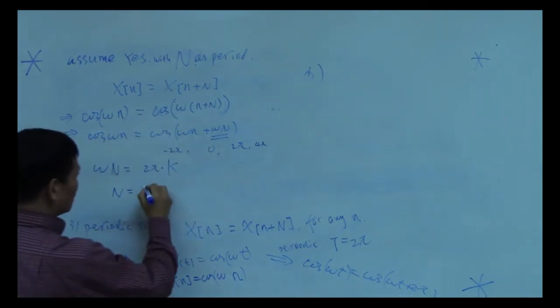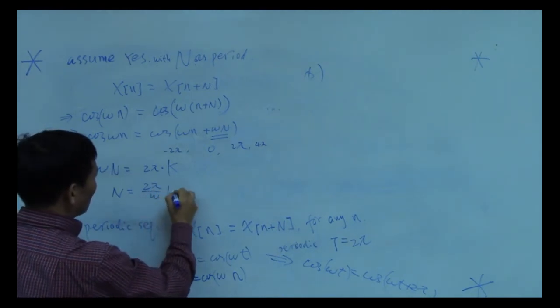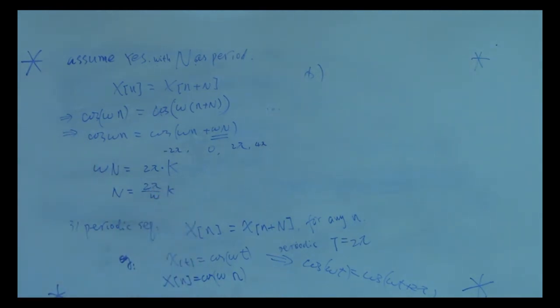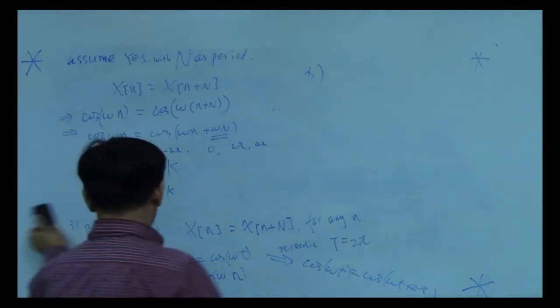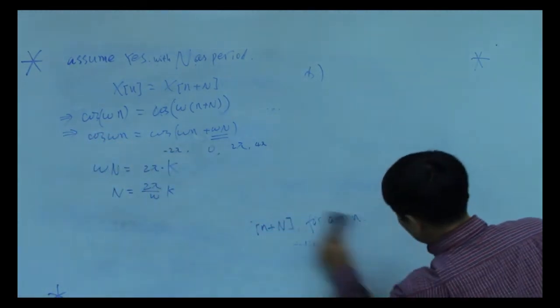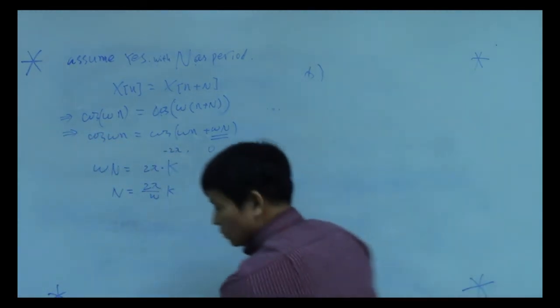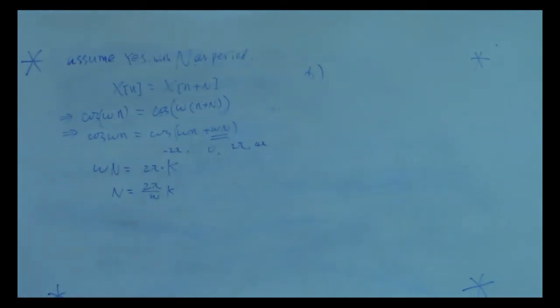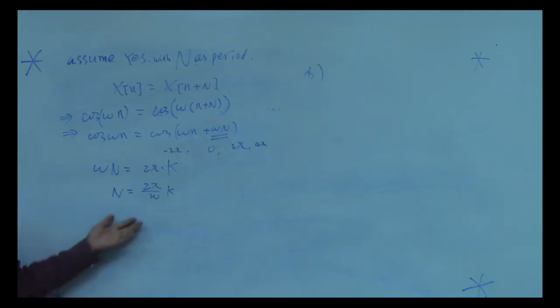N equals 2 pi over omega times k. That is your period. So we are done. This is periodic, and the period equals this one. Is everybody happy with this result? It's good? So that is the period.